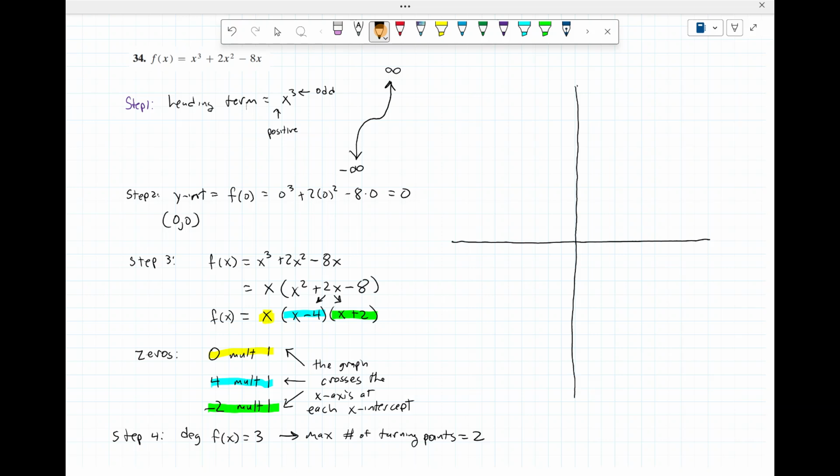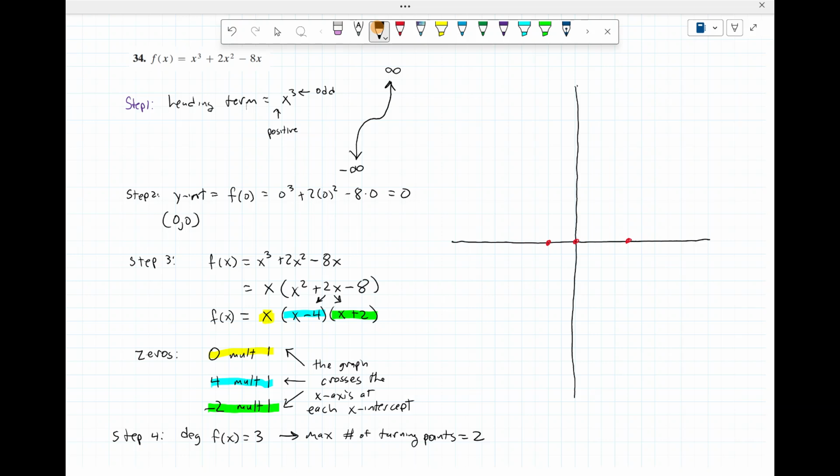Again, we're going to start by graphing all of our x-intercepts, which would be at negative 2, 0, and positive 4. Next, I would usually graph my y-intercept, but my y-intercept is one of my x-intercepts.